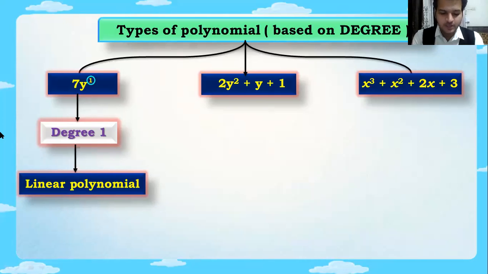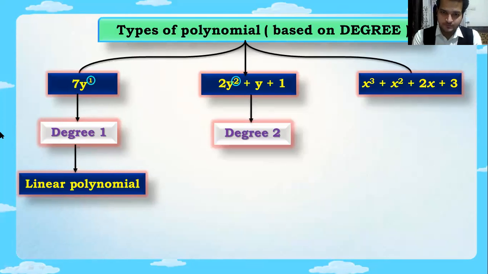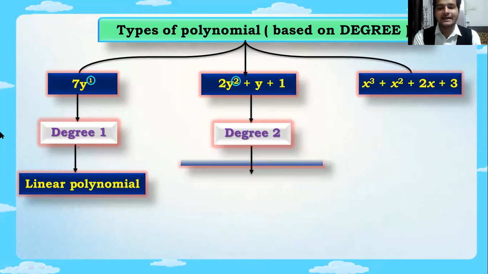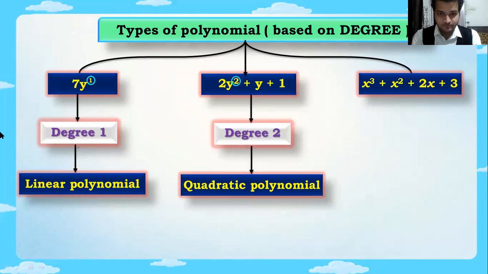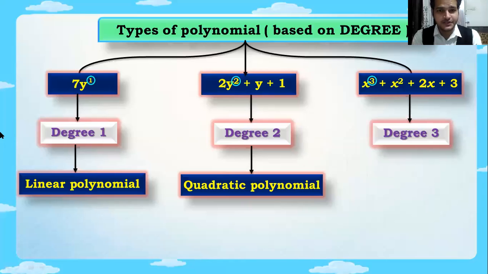I'll repeat. When the degree is 1, such polynomials are called as linear polynomials. For the second example, the degree is 2, so such polynomials will be called as quadratic polynomial. In the third example, the degree is 3, so it will be called as cubic polynomial.